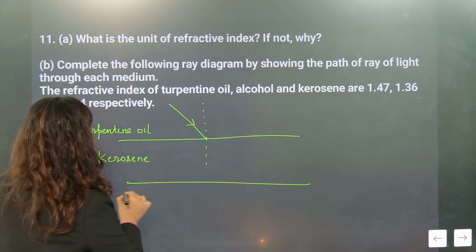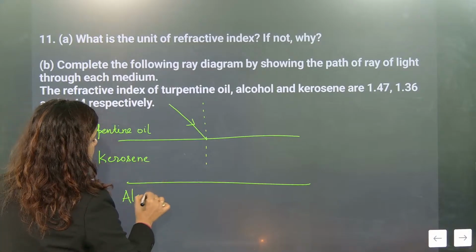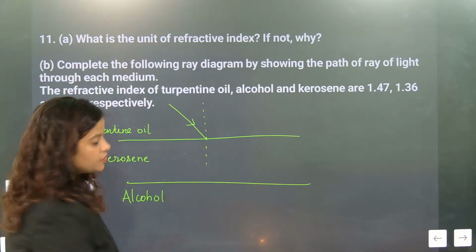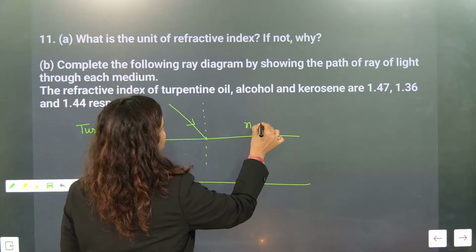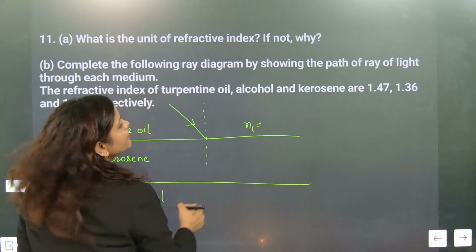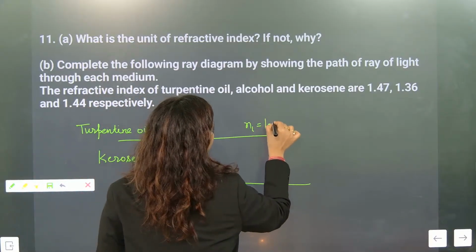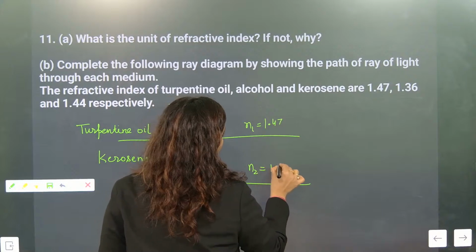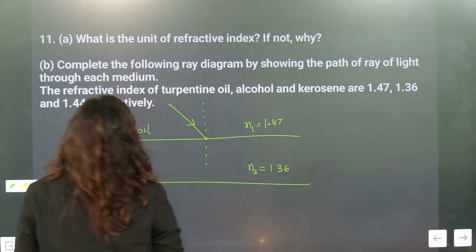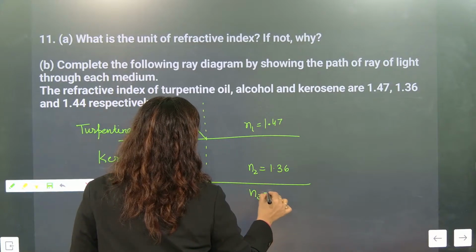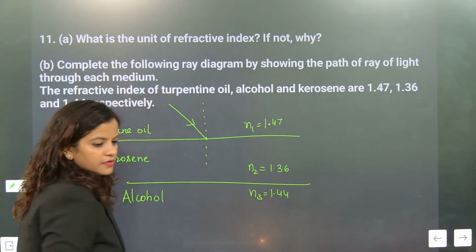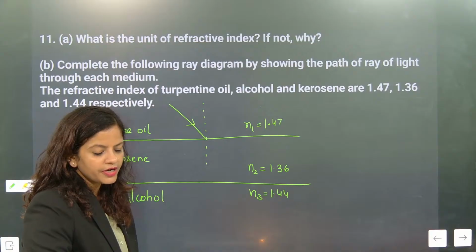Kerosene and then alcohol. Okay. Now you need to complete it. So here N1 is coming as 1.47. N2 is coming as 1.36 and N3 is coming as 1.44. Okay. Come on, go for it.